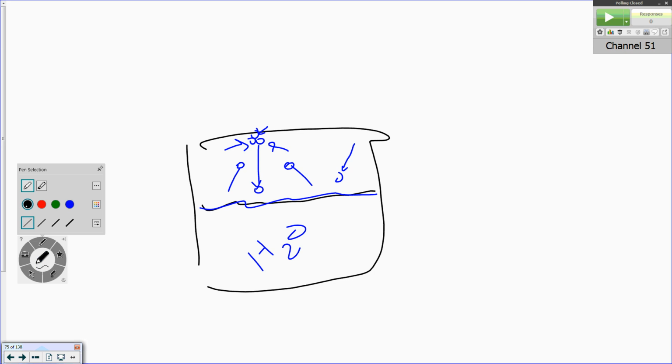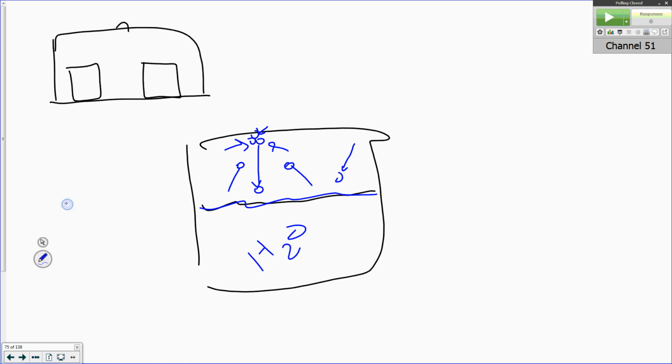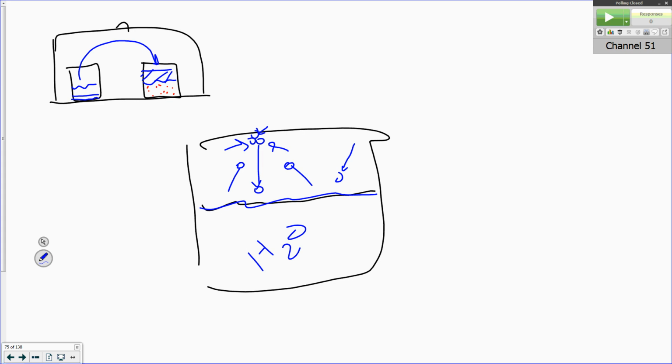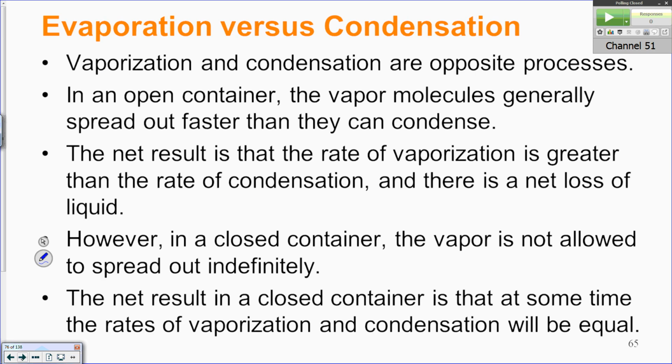If you took a closed system, so you put a container over something, and you've got two different beakers that have water in them. Sometimes you can put something in one solution, and the water vapor would transfer from one to the other. So if you came back the next day, this water level would be down to here, and this one would be up here. Absolutely, that can happen. We call those thirsty solutions, but we'll talk about the why behind that as we go forwards.